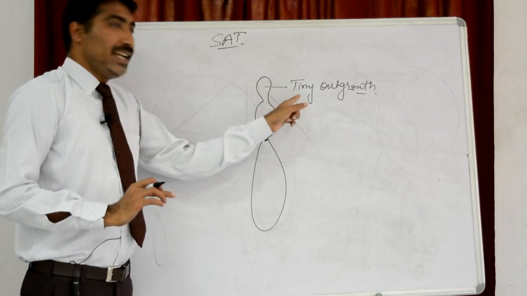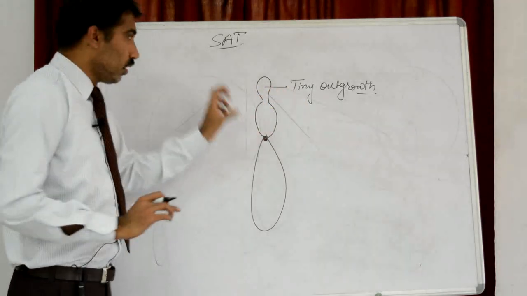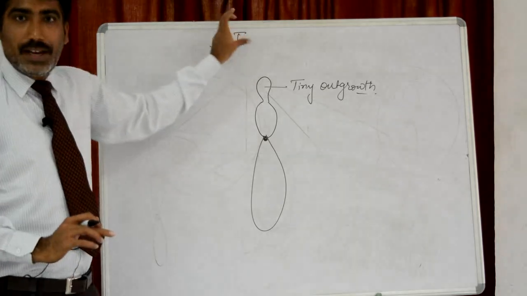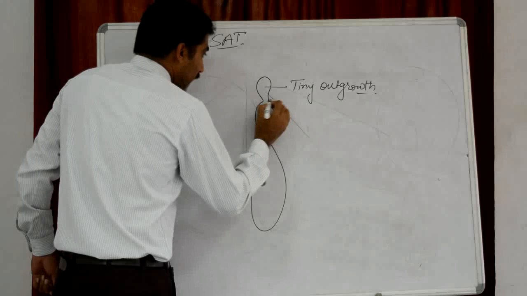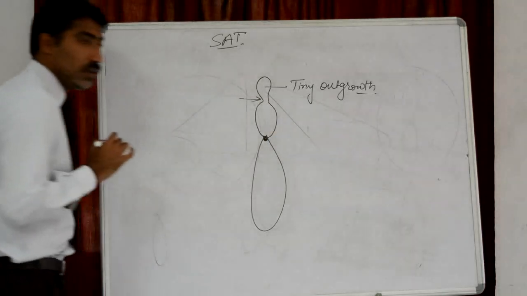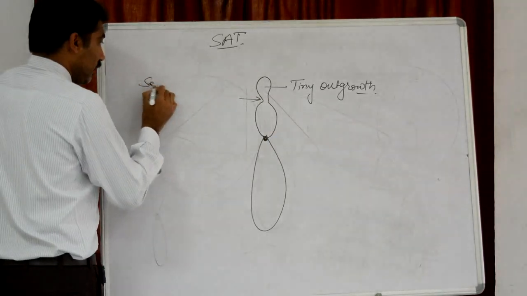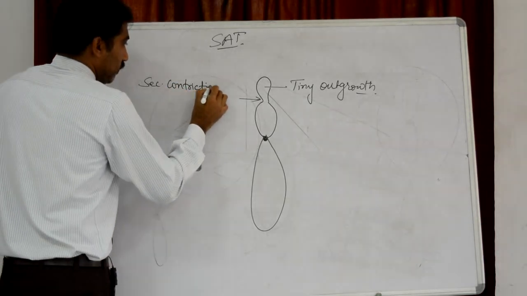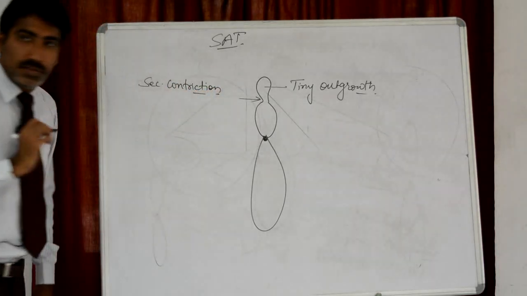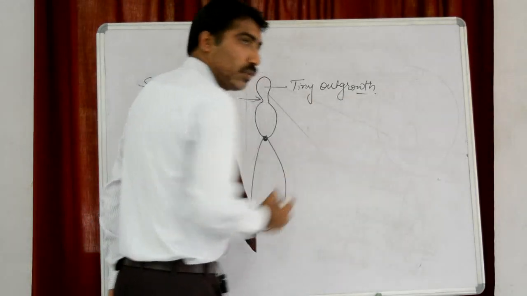Due to this tiny outgrowth, it is called the satellite chromosome. And here this depression is known as secondary constriction.